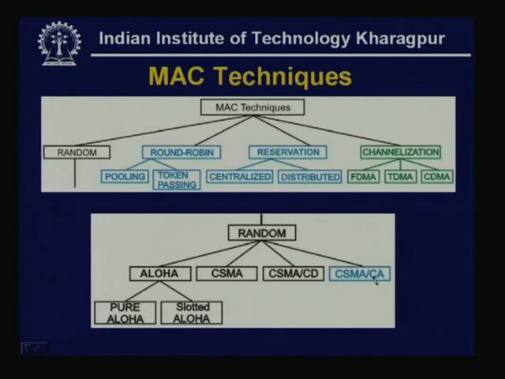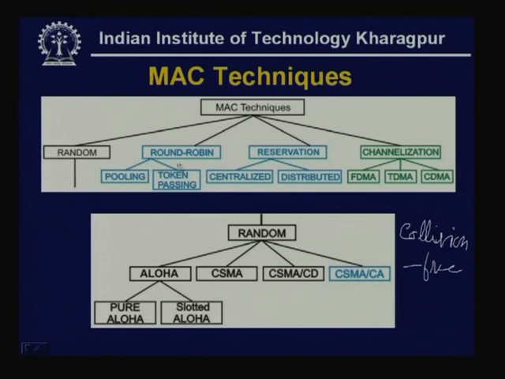And in the last lecture, we discussed the collision free protocols, where the collision is avoided, and there are a number of techniques, one of which is known as CSMA CA, carrier sense multiple access with collision avoidance.